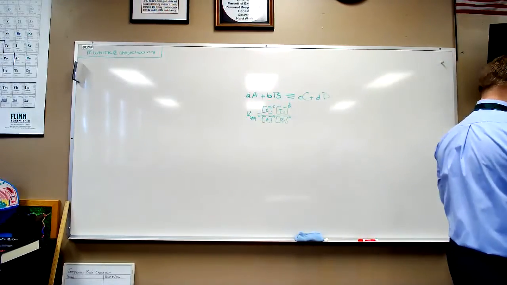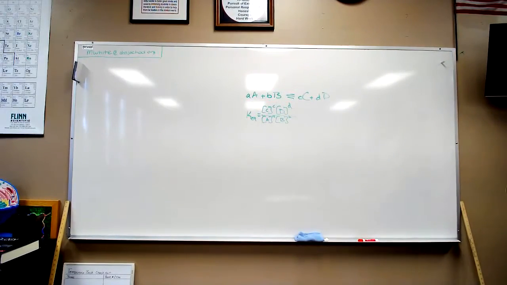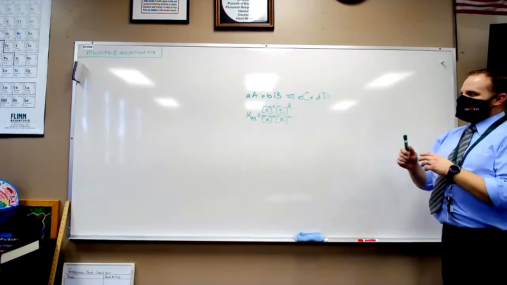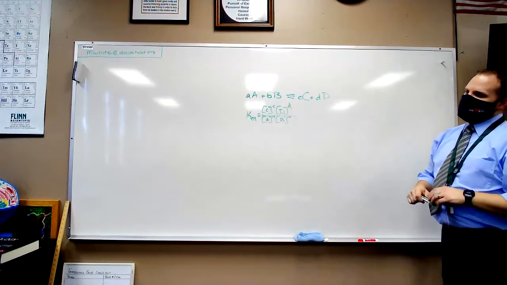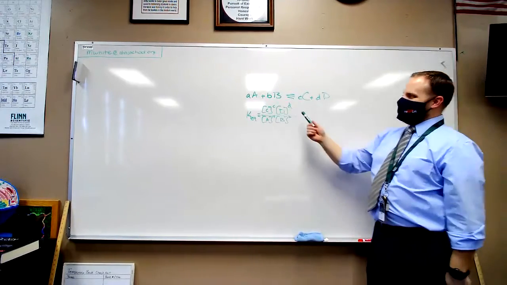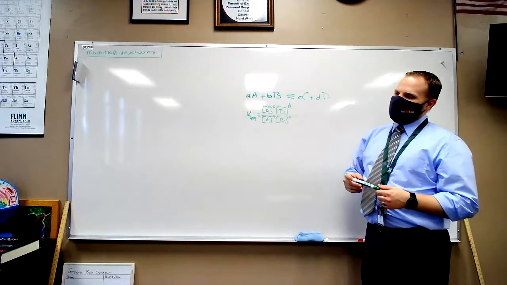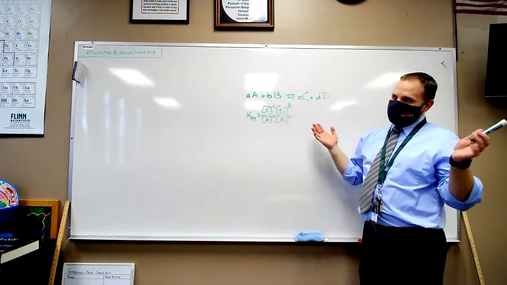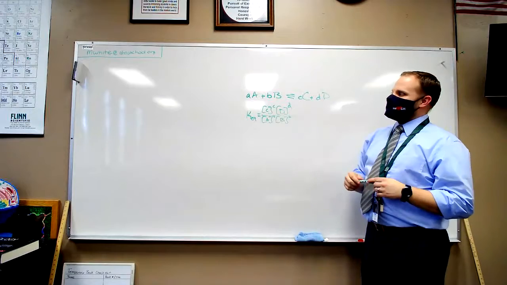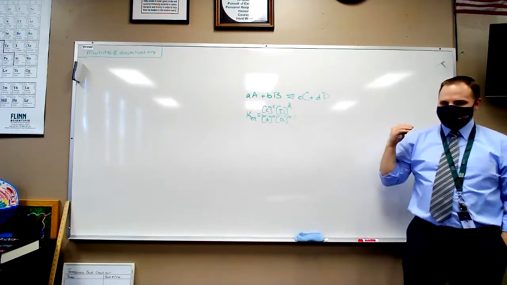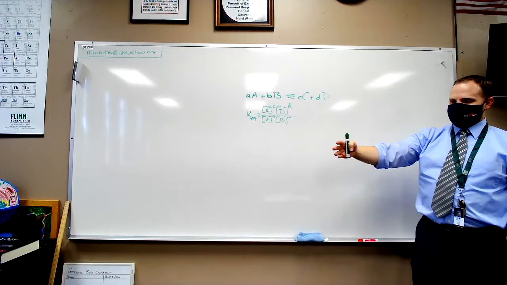So changing concentrations, we can add or remove, and we can do it on either side. Once again, anytime you're trying to get more of your reactants, it's not going to be very common, but you might want to do it for some reason. But if you add something, equilibrium shifts away from it.